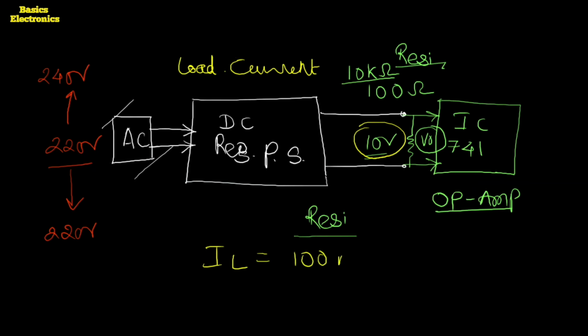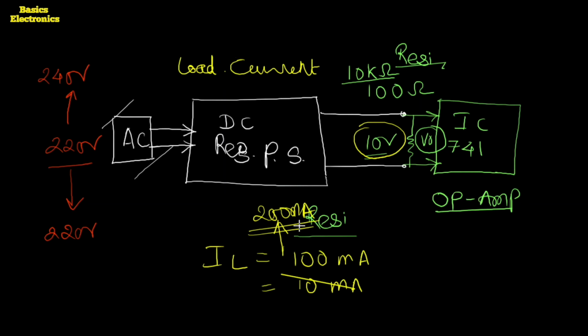Suppose initially the load current is 100 milliampere, and if the circuit is changed, it may change from 100 to 10 milliampere, or from 100 milliampere to 200 milliampere. If the current changes, then the output voltage also changes. But if we are using a DC regulated power supply, its output voltage remains constant and stable.